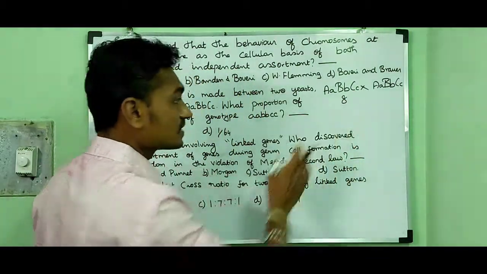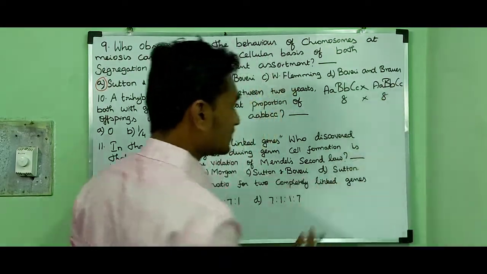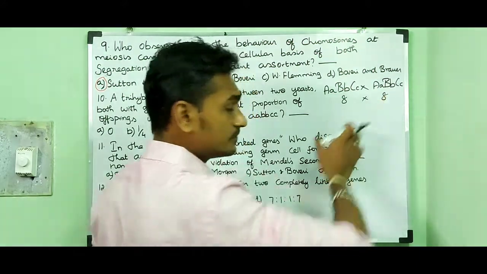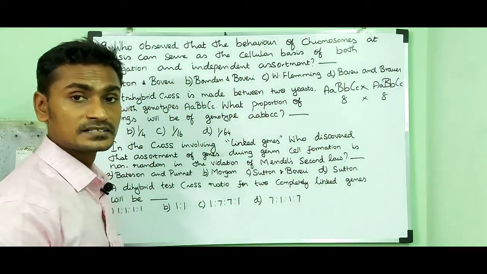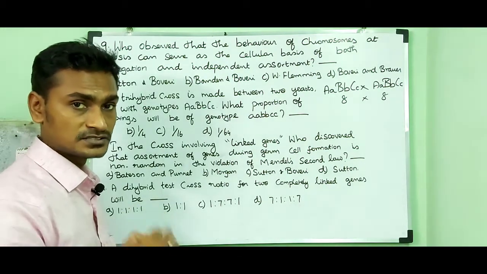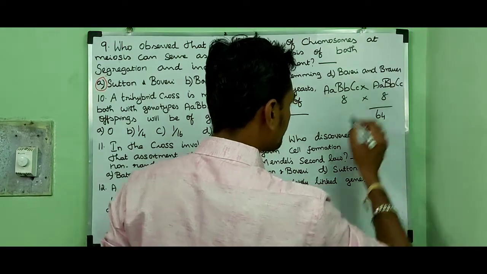These 8 gametes, plotted in the Punnett square, result in the formation of 64 offspring.